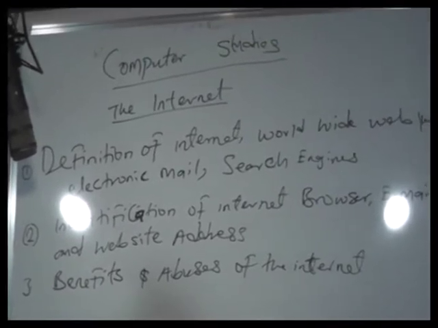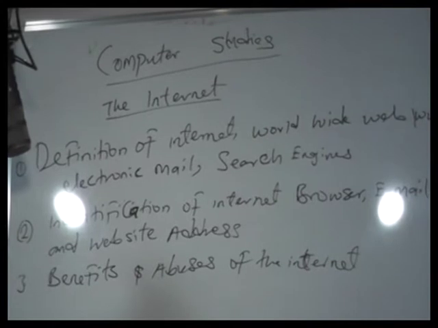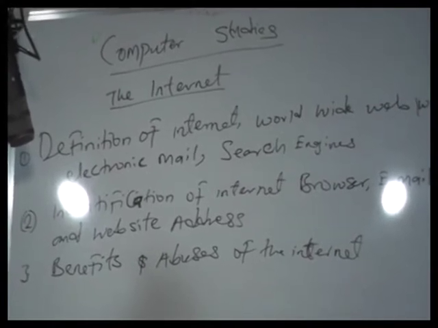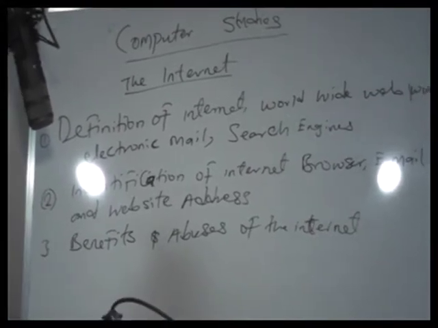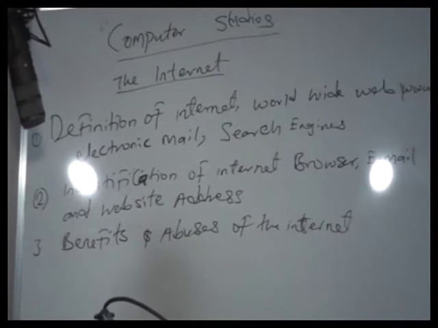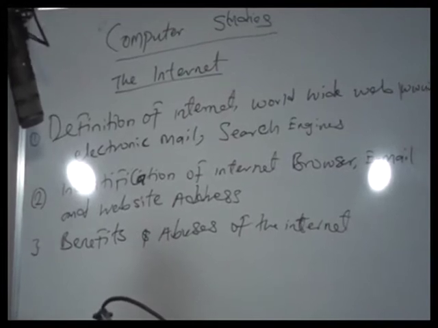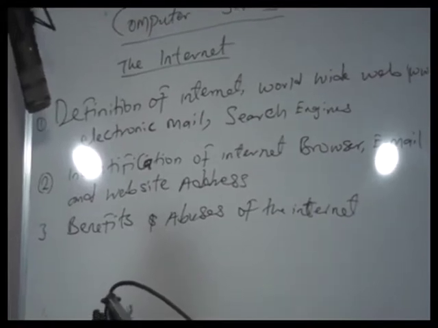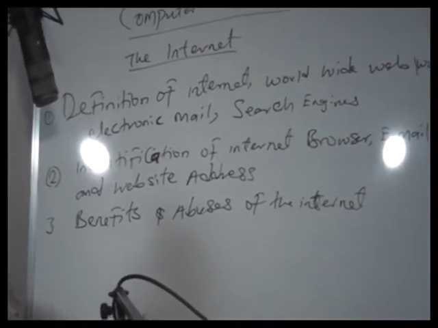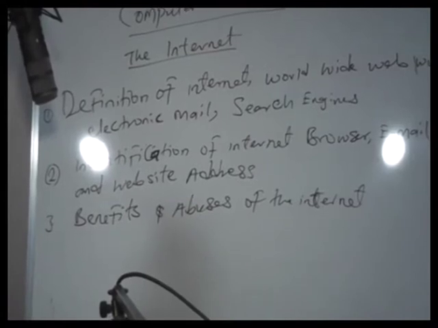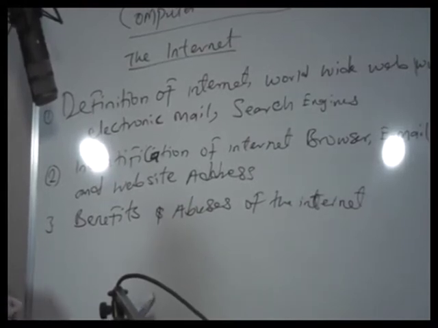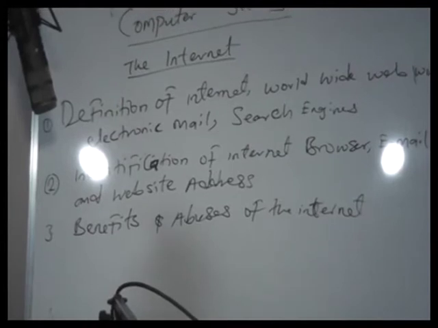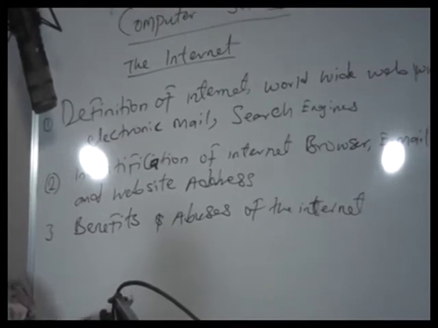The definition of internet, World Wide Web, which we all know as www, electronic mail, which we know as email, and search engines. The second objective for today is identification of internet browser, email, and website address. Third objective, benefits and abuses of the internet.